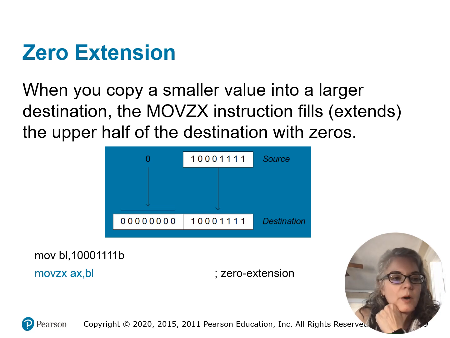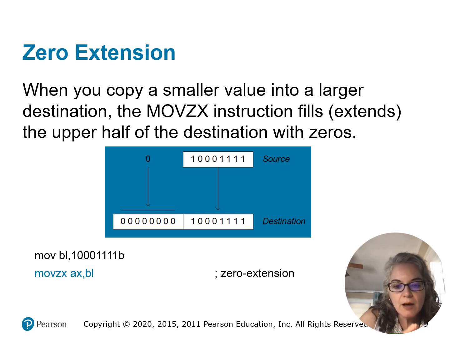So another instruction we looked at was a zero extension instruction, moving with zero extension. When you copy, you can copy a smaller value into a larger destination, but you would use MOVZX. The MOVZX would just fill the upper half of the destination with zeros.